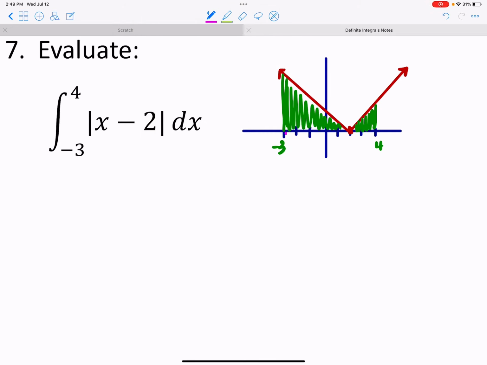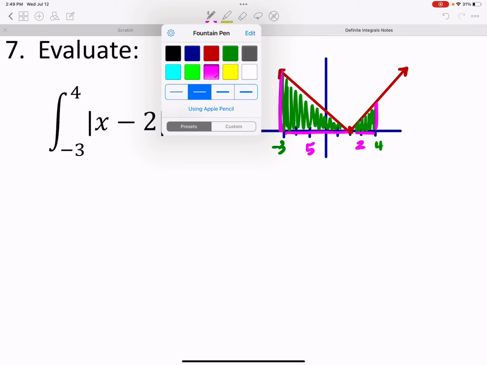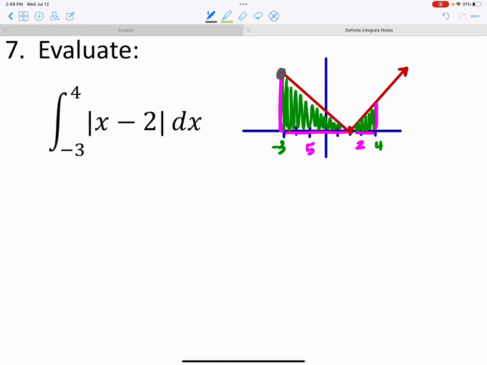So the base here is pretty clear. From -3 to 2, that's 5 units, and the base here is pretty clear. From 2 to 4, that's going to be 2 units. But what about the height here and the height here? Well, in order to know that, I have to know this point right here and this point right here. So at -3, where is my function?